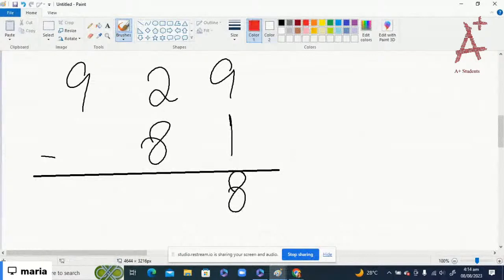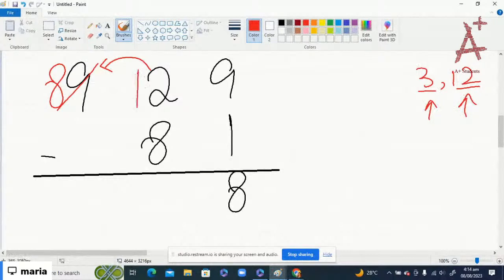Tell me, is 2 minus 8 possible? No, because 2 is small and 8 is a bigger number. So what do we do? We take a borrow from 9. So 9 becomes 8 and this 2 becomes 12.